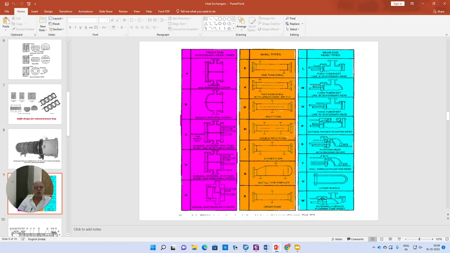Remember all possible combinations of front end, shell type and rear head, for example A, G, P, we don't know whether they are compatible or not. So you need to clearly check whether you will be in a position to use a particular type of front end with a particular type of shell, and similarly what type of rear end it is compatible with. So all possible combinations may not really be possible.